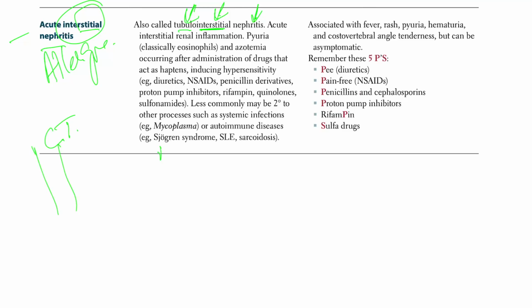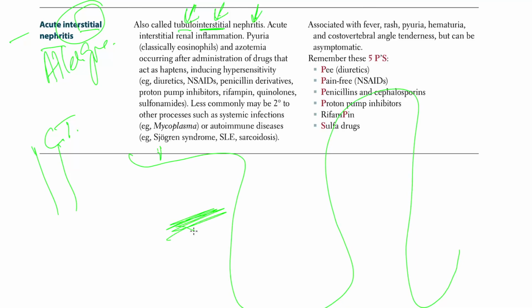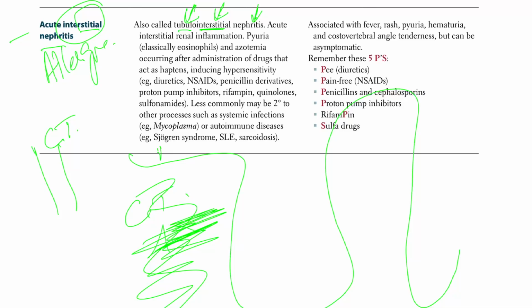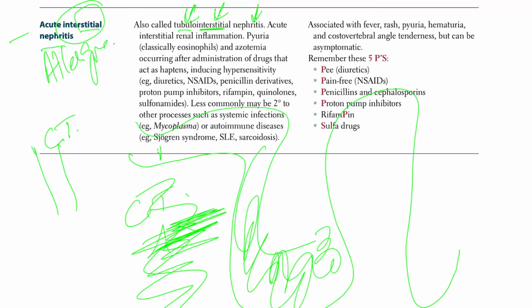Let me just draw some tubules here, the PCT and all that. They are joined with each other by the connective tissue, that is the interstitium. So you have tubular inflammation as well as interstitial inflammation.